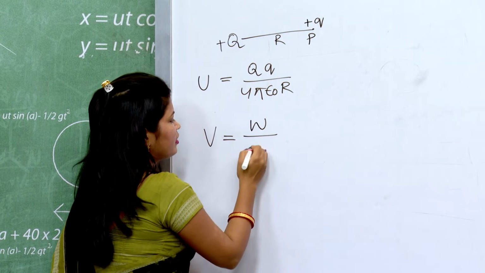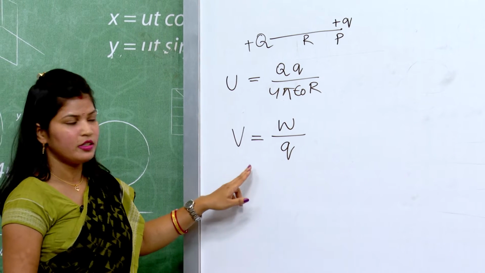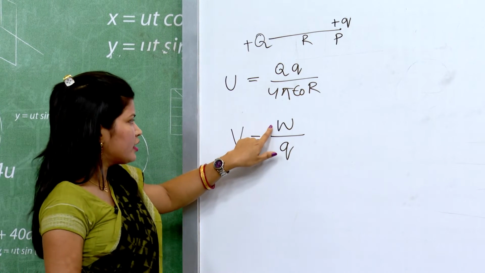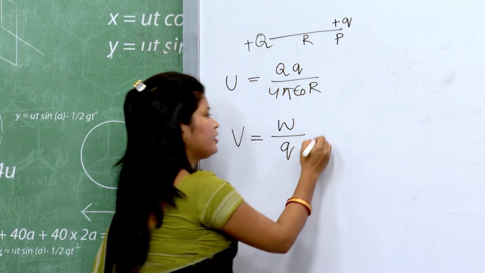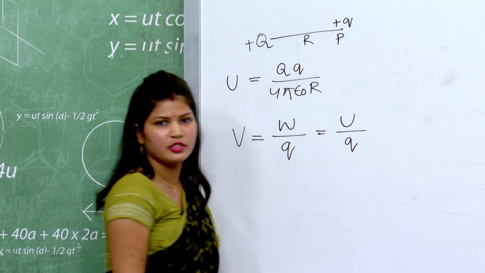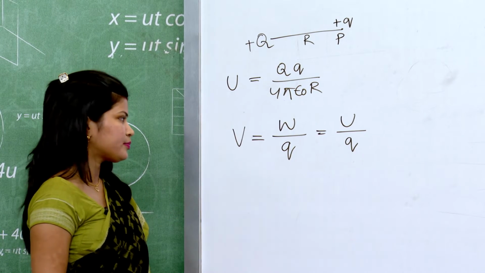Work per unit charge is called the electric potential, and this work done is stored as electric potential energy. So, I can write energy per unit charge, that is our electric potential.